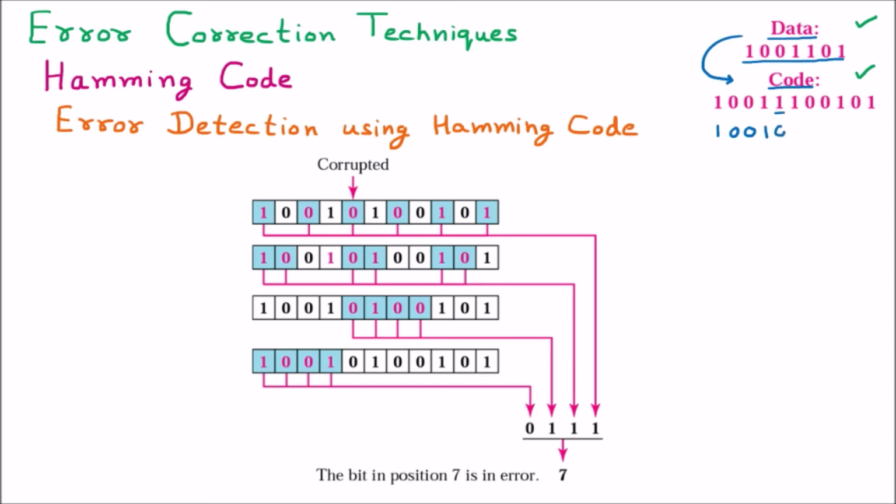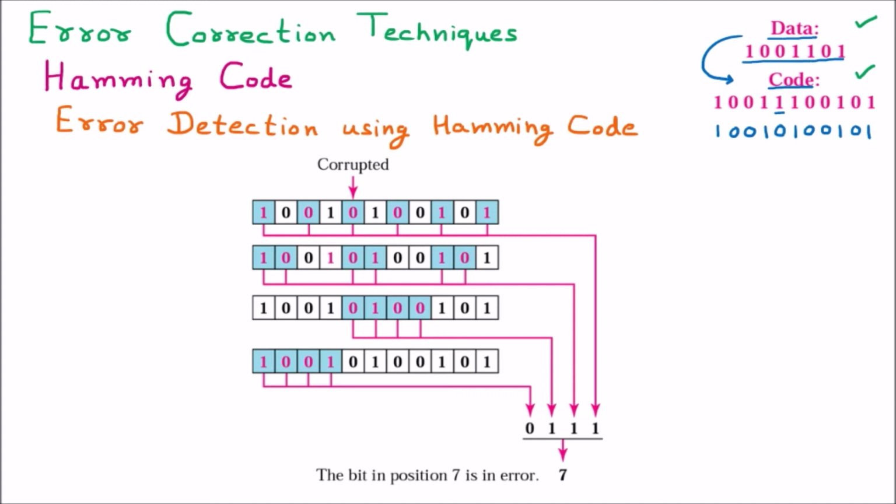In the transmission, this bit went from 1 to 0, then other bits are having the same 1 0 0 1 0 1. So if this is the code which is received, then how is the Hamming code going to detect which bit got corrupted? We know that in the Hamming code there are a few spies. Spies means there are the redundancy bits which are going to take care of specific bits here. So now how it is working, we are going to see.